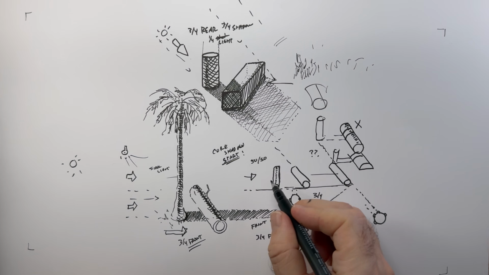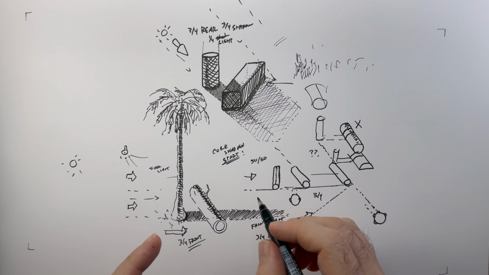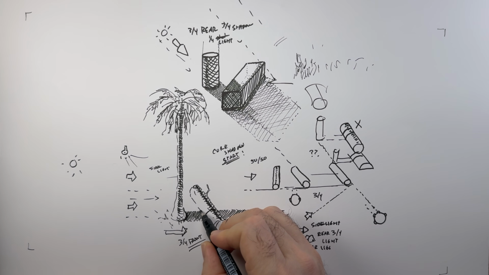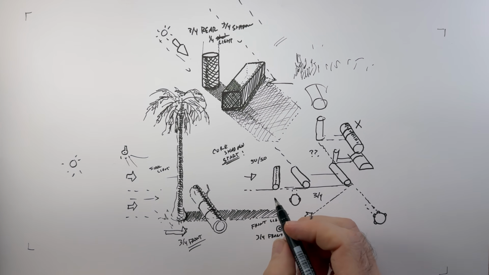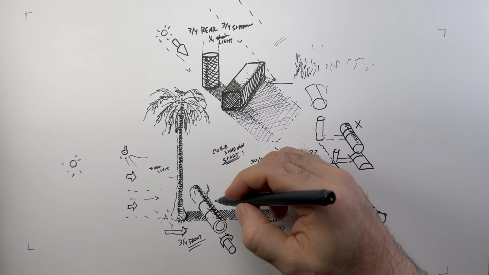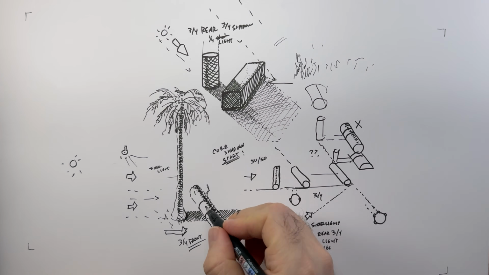But remember, this is a complete cylinder. So what you want to do instead is start here, and then wrap it around. Why? Well, because we're building form. There's a circular form, okay? So hopefully this is helping everybody.